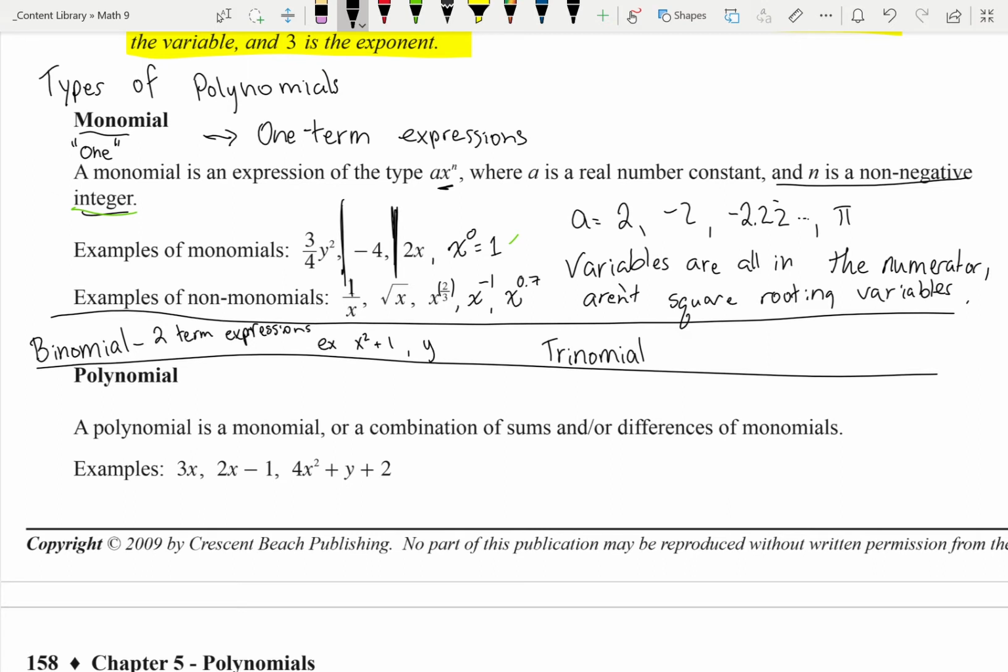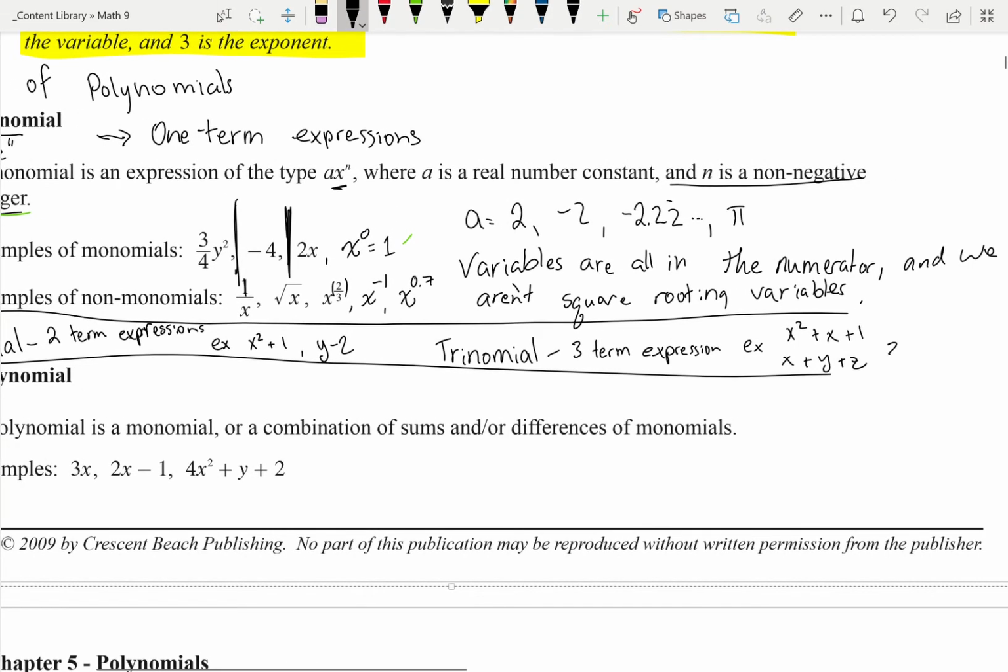Or I can have y minus 2. Trinomials, tri meaning 3 like a tricycle, so this is a 3-term expression. So an example might be x squared plus x plus 1, or x plus y plus z. Notice how I don't have to have a constant, I can have different variables. I can also have something like 2x minus 2x, or 2y, plus 7, it's fine.